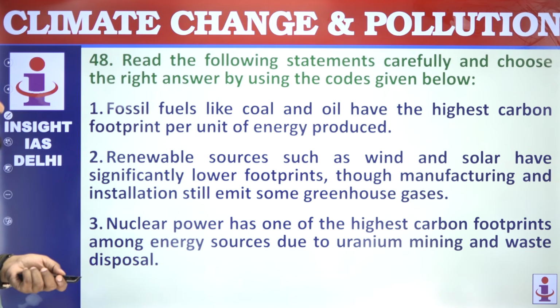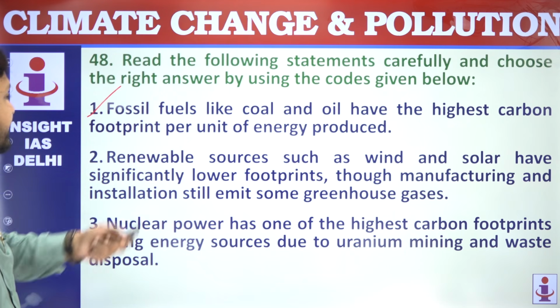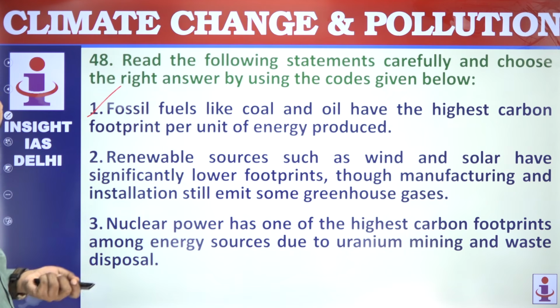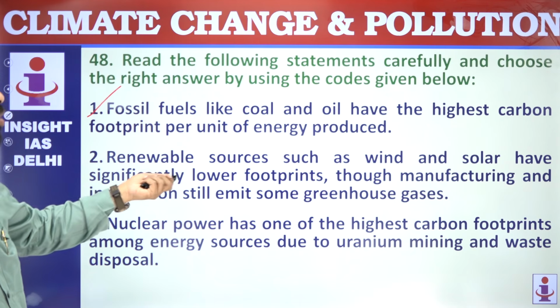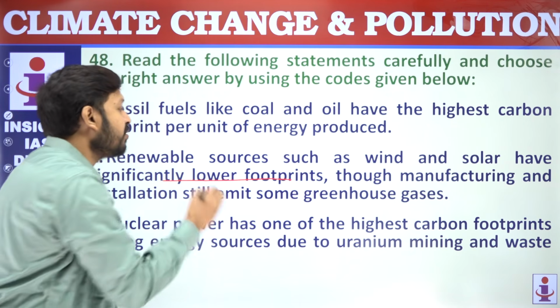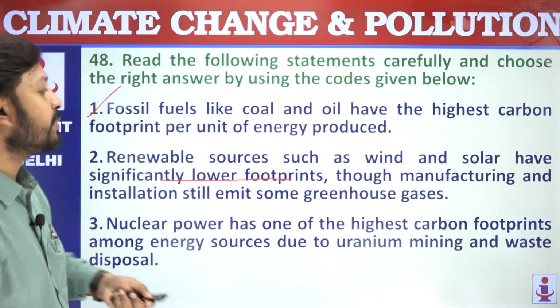Read the following statements carefully and choose the right answer by using the code given below. Fossil fuels like coal and oil have the highest carbon footprint per unit of energy production. This is the right statement. Carbon footprint we have seen earlier also. Renewable sources such as wind and solar have significantly lower footprints, though manufacturing and installation still emit some greenhouse gases.